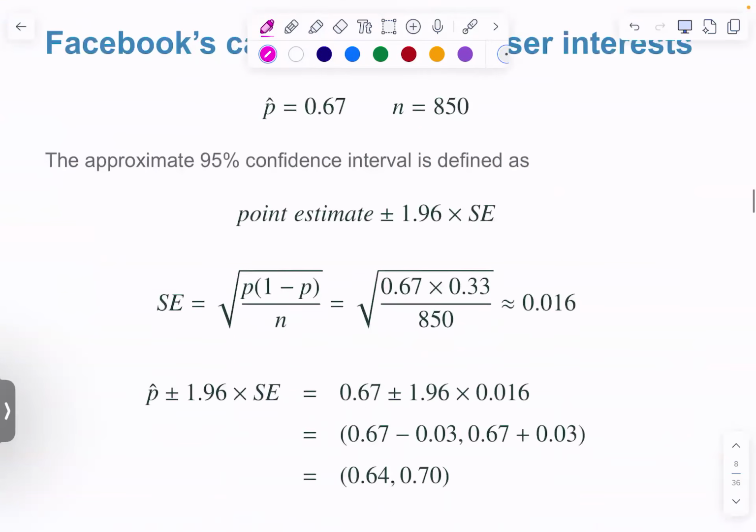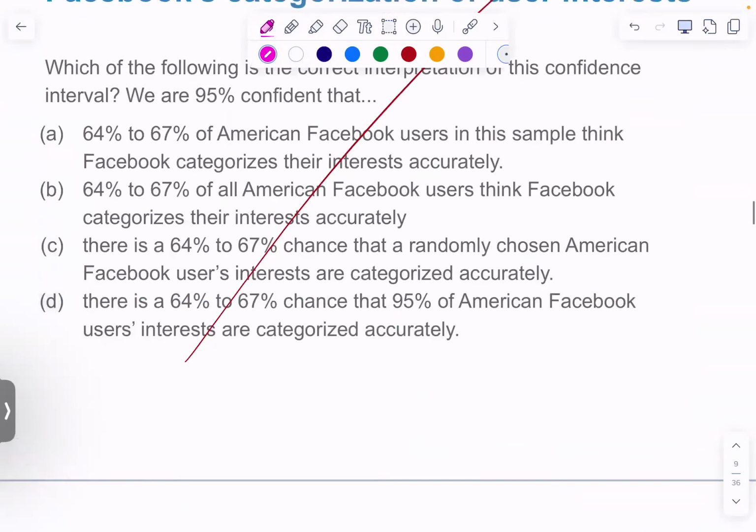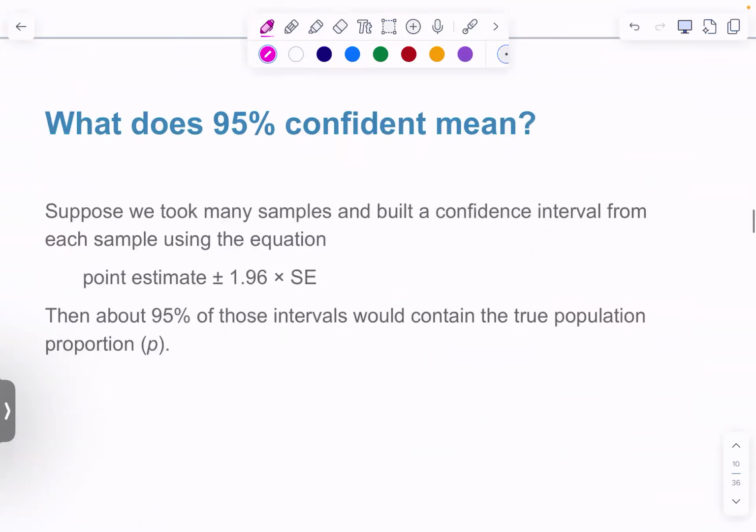Here's all that same work that we did neatly on one slide, but I talked a lot around it. So really, when we're saying 95% confident, what we are theoretically saying is if we took many samples, each one would have its own p-hat, its own sample proportion. Even if they were the same sample size, the p-hat would move around, which means that your interval around your p-hat would also move around.